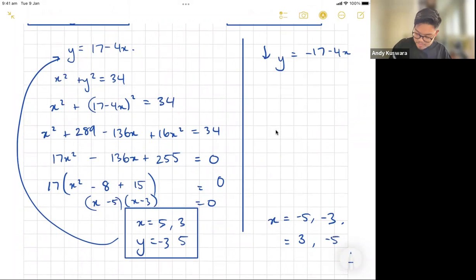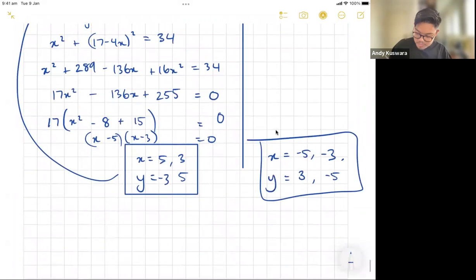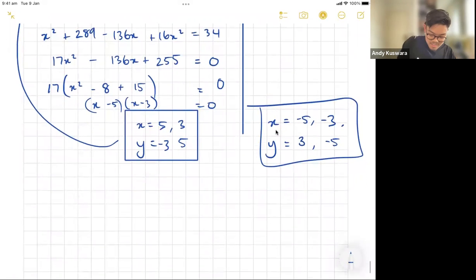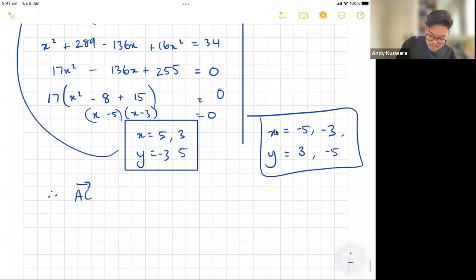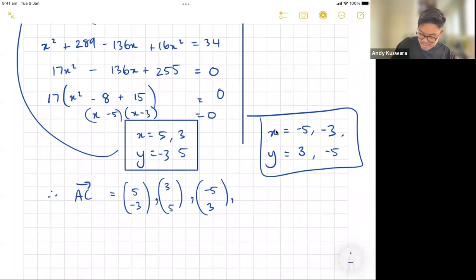Yeah, negative 5. And so that will end up being your two sets of vectors. So therefore, AC, which is wild, is going to be either (5, negative 3), (3, 5), (negative 5, 3), or (negative 3, negative 5).